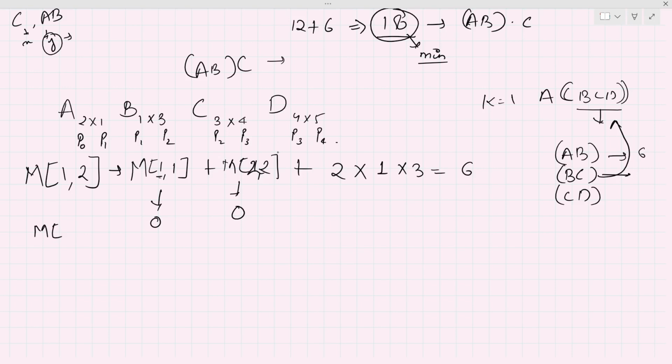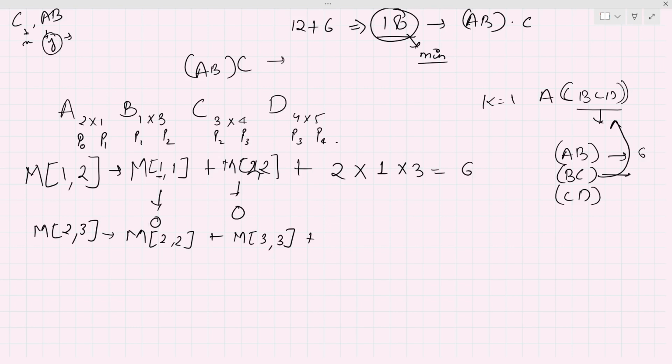Now we find the B and C multiplication, meaning the second matrix and the third matrix. M 2 comma 2, if you are not writing this it's okay, because the value of this is 0. M 3 comma 3 plus the result of these two matrices.